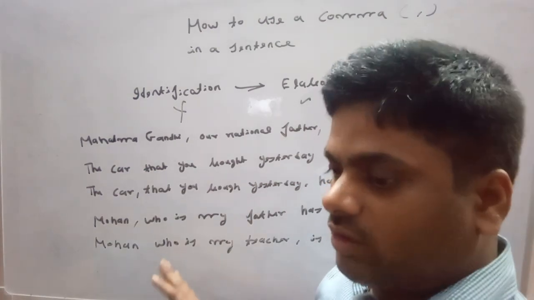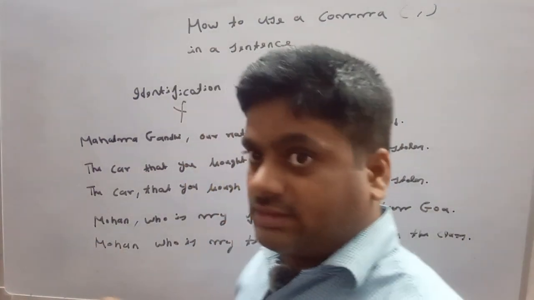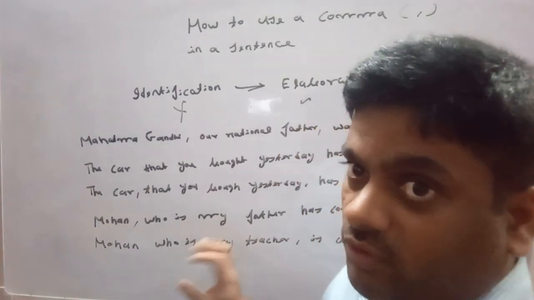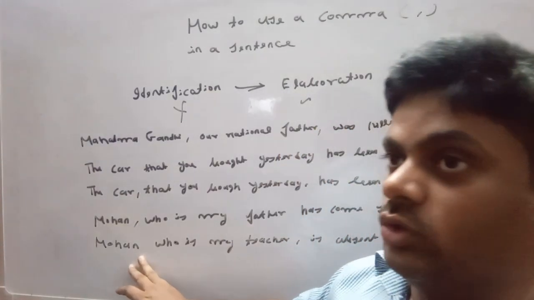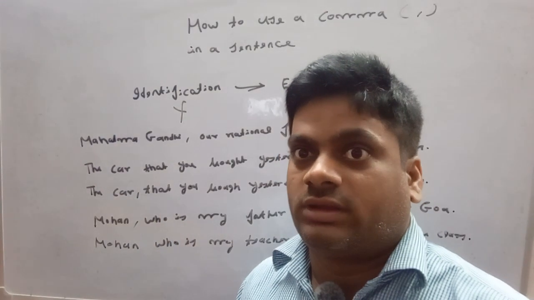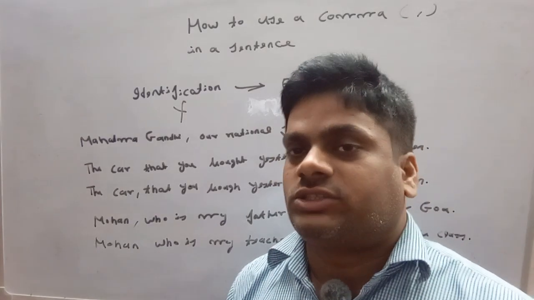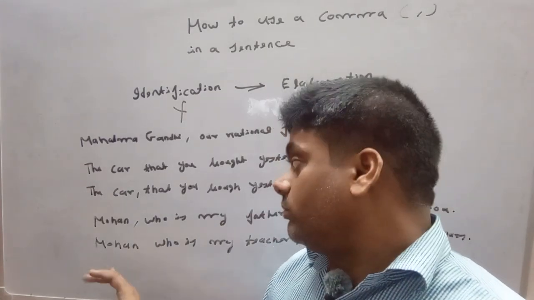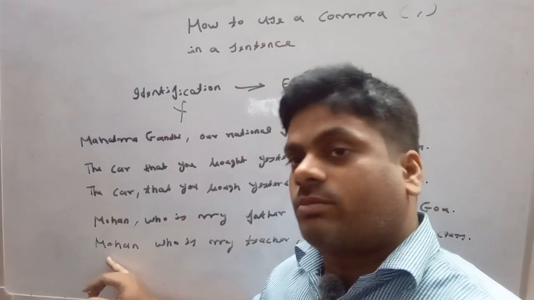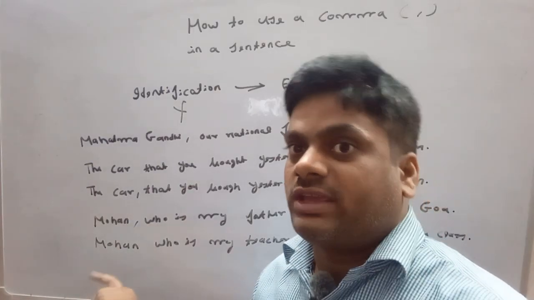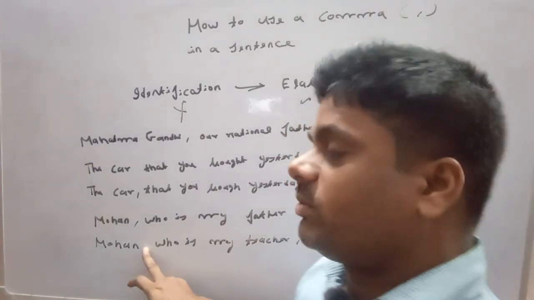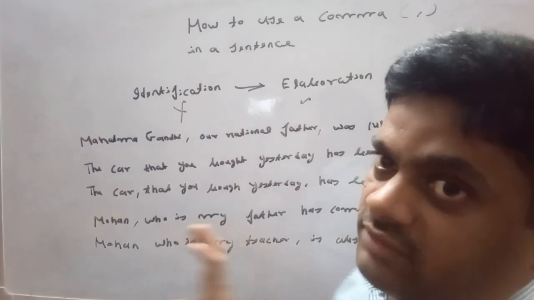If we remove the comma, then this sentence would be right. It would not be wrong. It means we are going to identify the noun. It means there is more than one teacher, and among more than one teacher we are talking about Mohan. So we cannot use a comma. It means we are going to identify the noun.